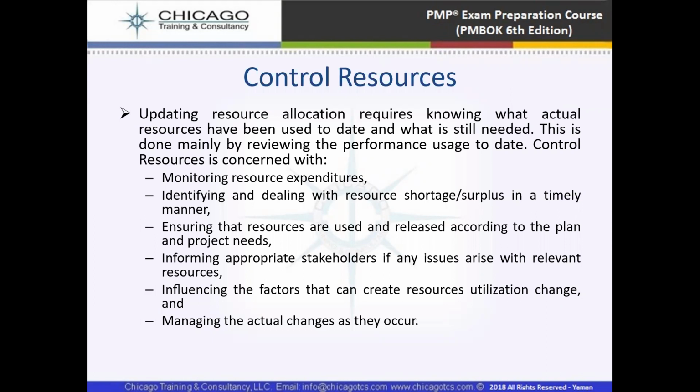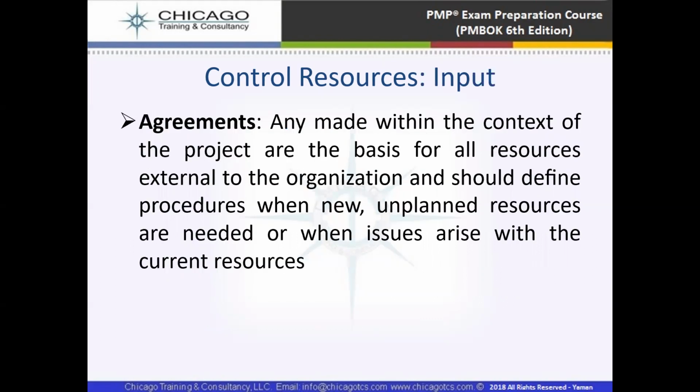So basically, we are controlling our resources by updating the resource allocation up to specific dates, by reviewing the performance and usage to date, meaning what their performance is according to the date.